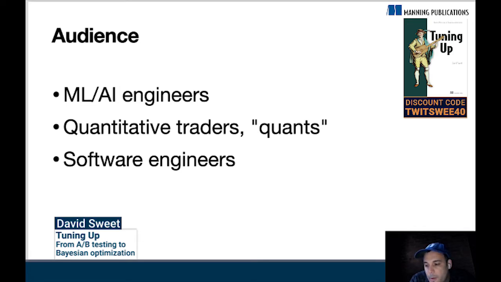And software engineers might be looking at an example that I like to keep in mind, an event processing system. Imagine a server that takes in messages one by one from some stream, transforms them somehow, and emits messages. And you might be interested in knowing how quickly that system works, what its latency is. So these are the types of problems and engineers that'll be covered in this talk.